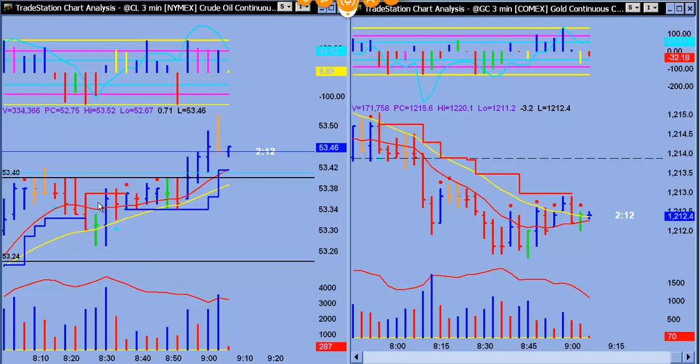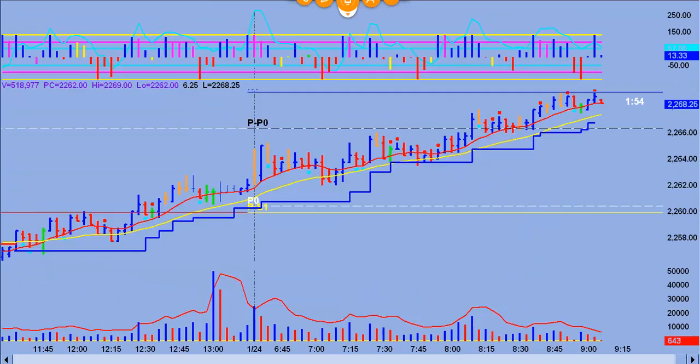So we want to buy in an uptrend. And here we can see a bottom being put in. How can we see that? There's many things on the chart that are telling us that. This is oil, by the way, CL, this is gold, and we do have a S&P chart that we can take a look at as well, as promised.